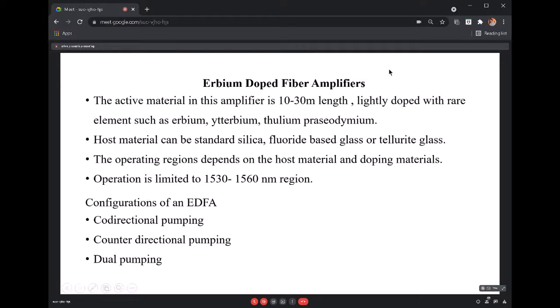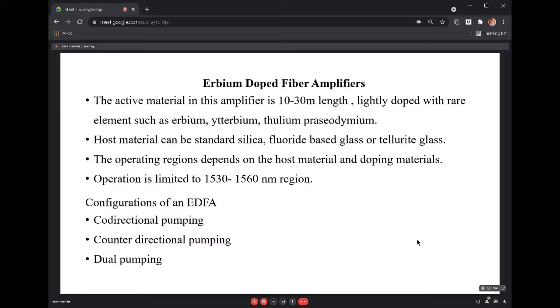Now the configuration of your EDFA. There are different combinations in which it operates: co-directional pumping, counter-directional pumping, and dual pumping.